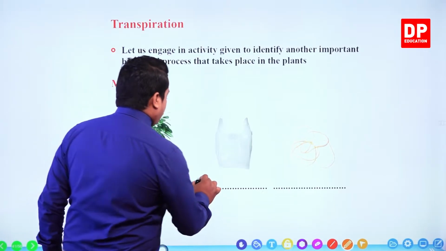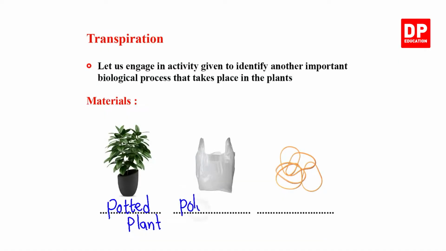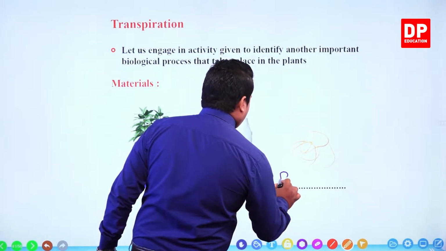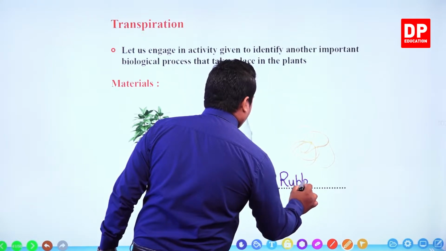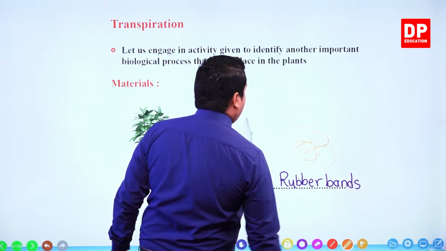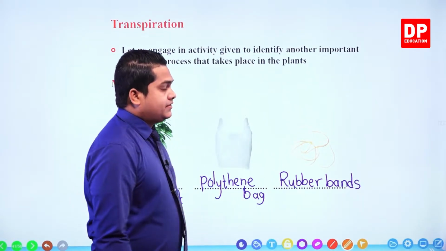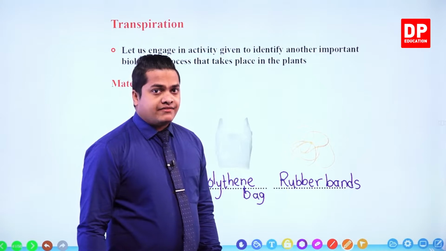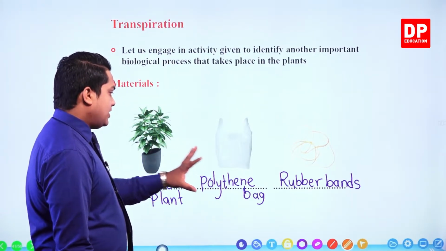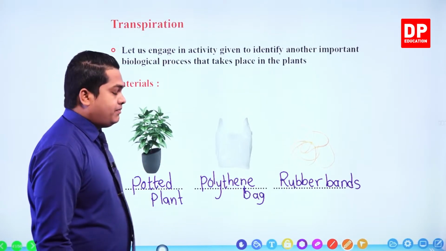Next one, a polythene bag. Then rubber bands. These are the materials that we need: several rubber bands, a polythene bag and a good potted plant.